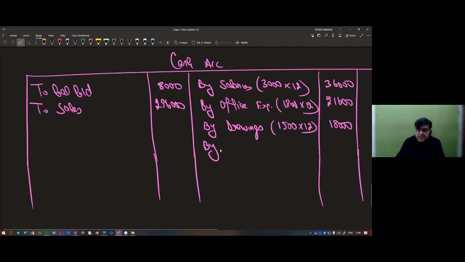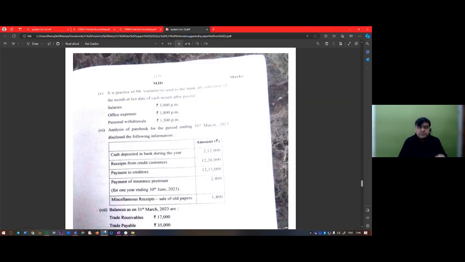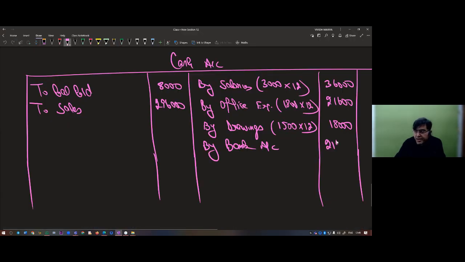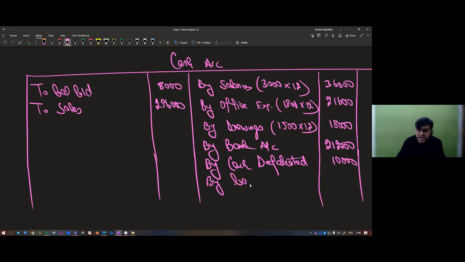Why bank? Deposited into bank is 212. Why cash defalcated is 10,000. Why balance carried on?